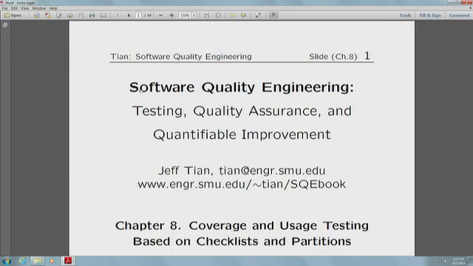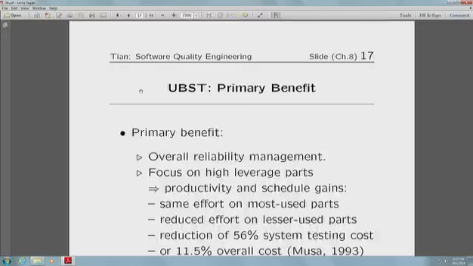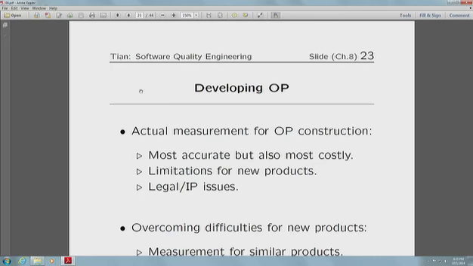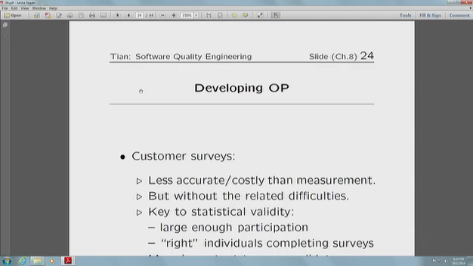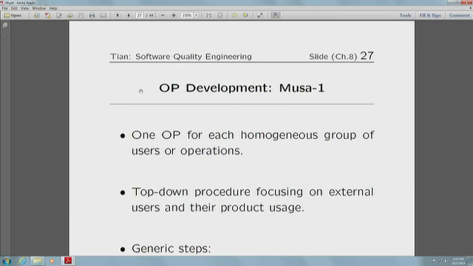Okay. So we talked about checklist partitions, and then operational profiles, some basic ideas about that, and how you develop the operational profile, and then we stopped at the point of Musa 1 and Musa 2.